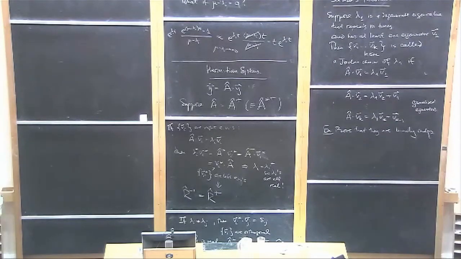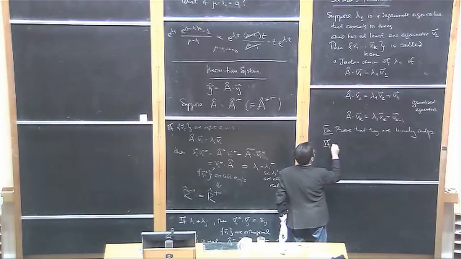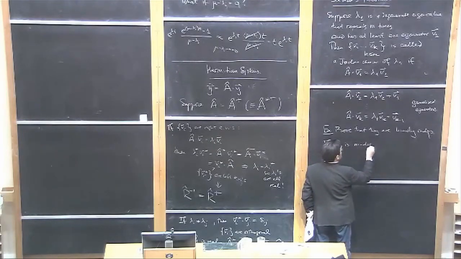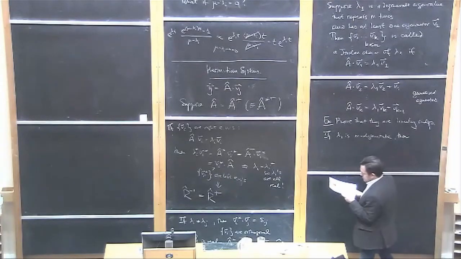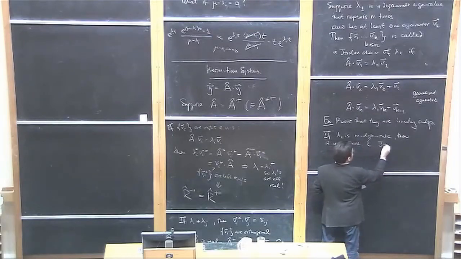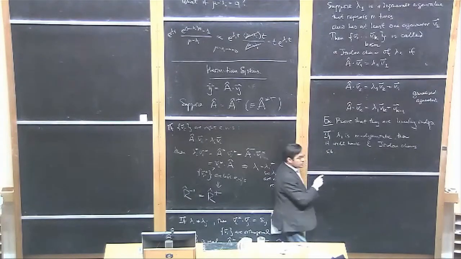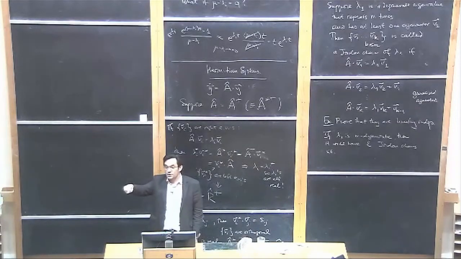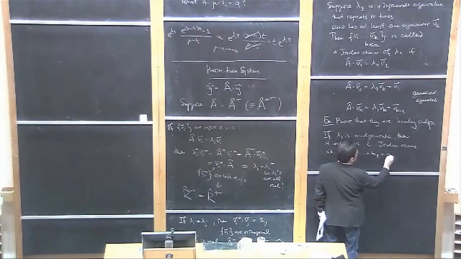So what Jordan theorem tells you is that if lambda 1 is M degenerate, meaning it repeats M times, then it will have L Jordan chains such that the sum of the numbers of vectors in each Jordan chain will be M. So such that K1 plus etc. plus KL is M.